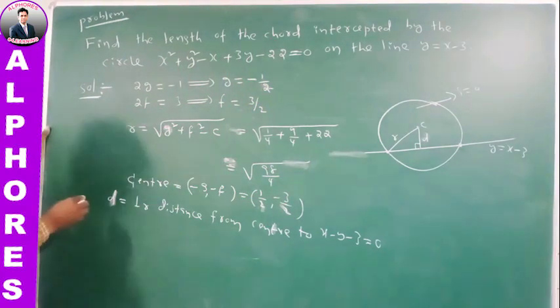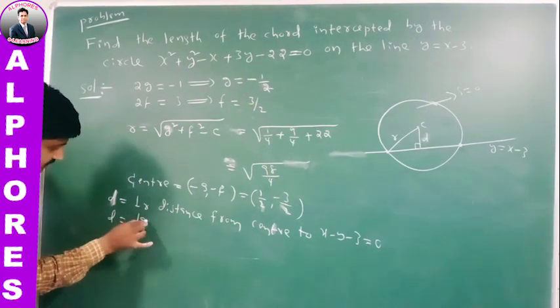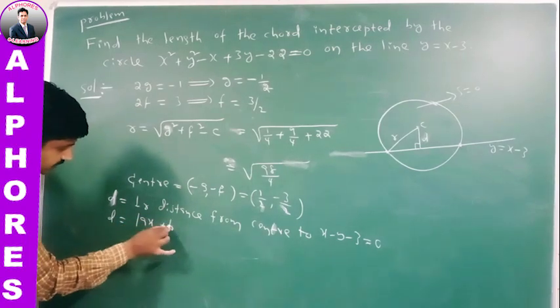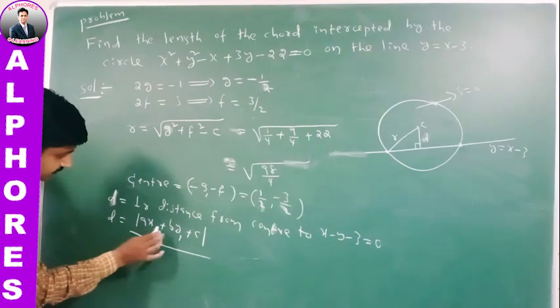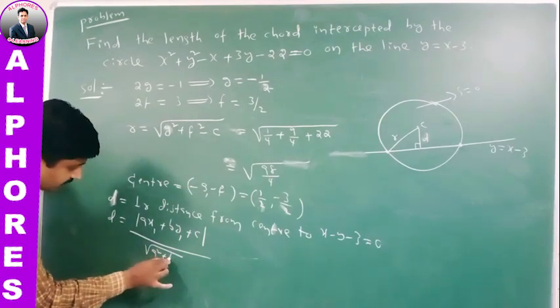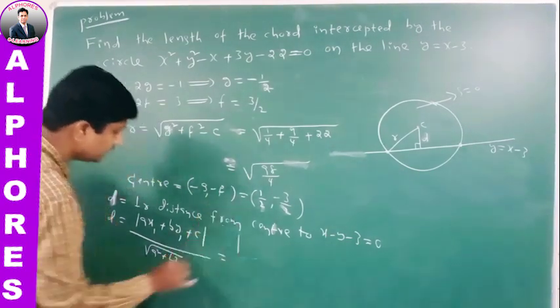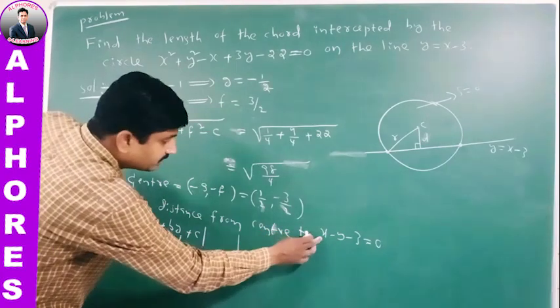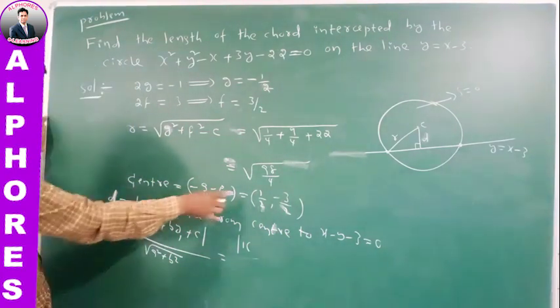Okay, fine. According to the distance formula, D equals modulus of ax1 plus by1 plus c by under root of a square plus b square. Here a equals 1 into x, where x is 1 by 2.